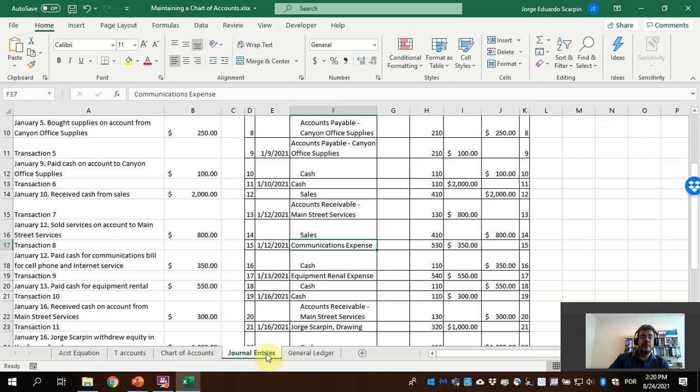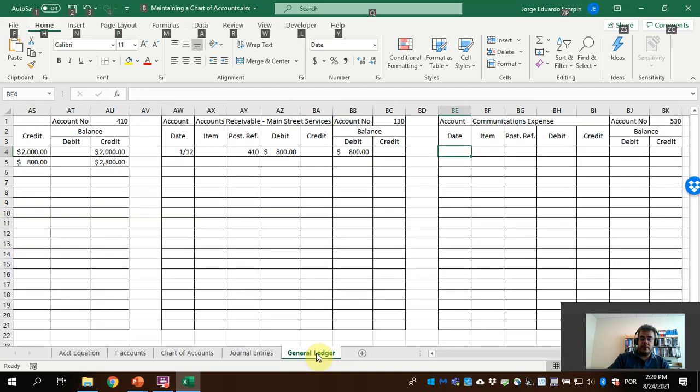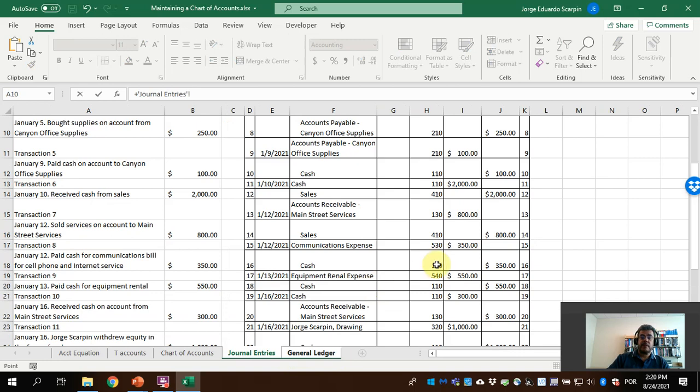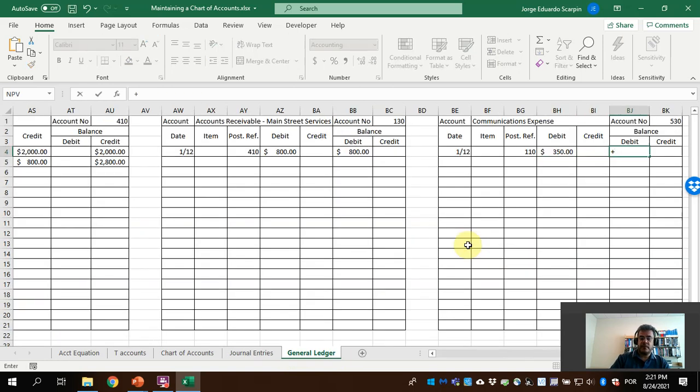Date. Post ref. 110 is cash. Debit. 350. Debit. And the other one's cash.